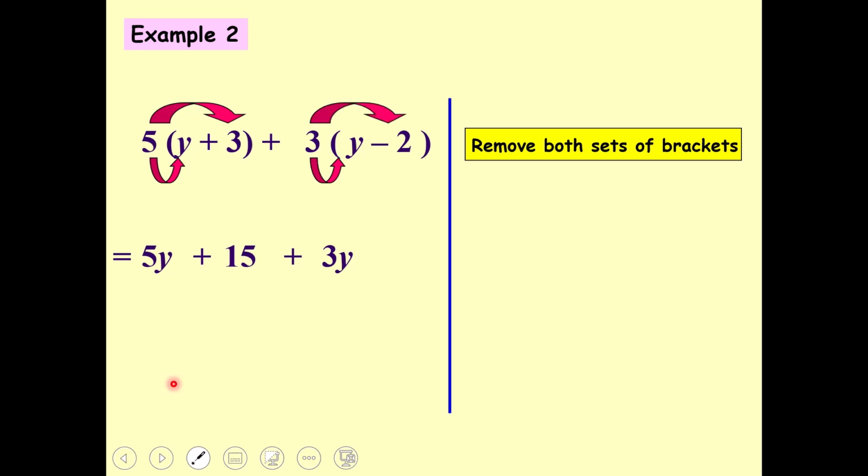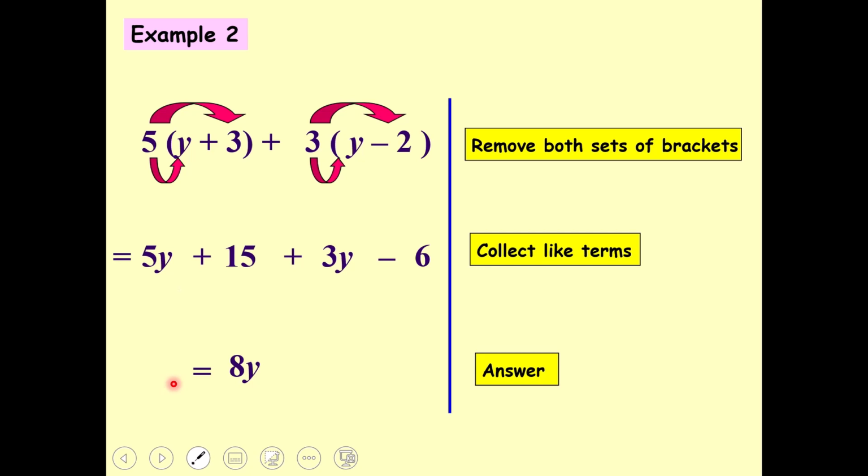And 3 times negative 2 gives you negative 6. And then our second step, collect like terms. Make sure you're always leaving your answer in its simplest form by collecting like terms. So 5y plus 3y gives you 8y, and then 15 subtract 6 will give you 9. And that is your answer.